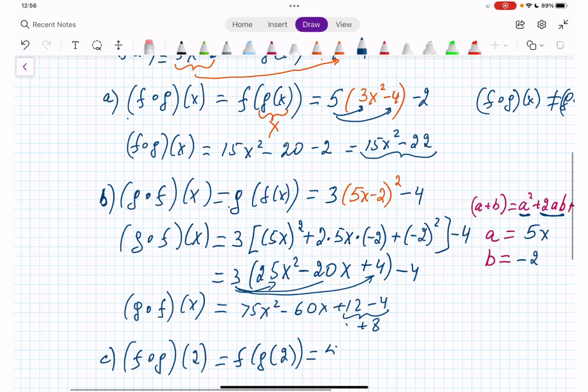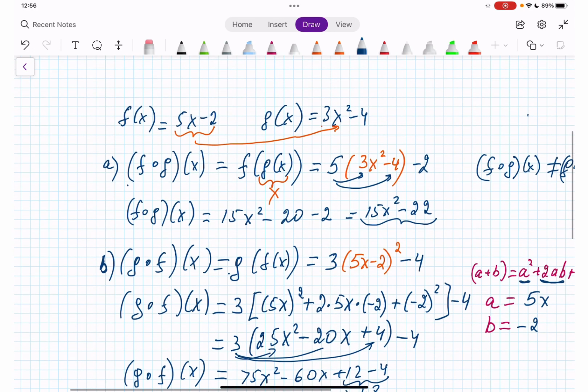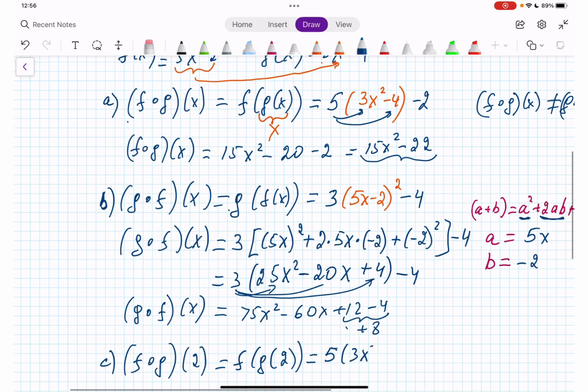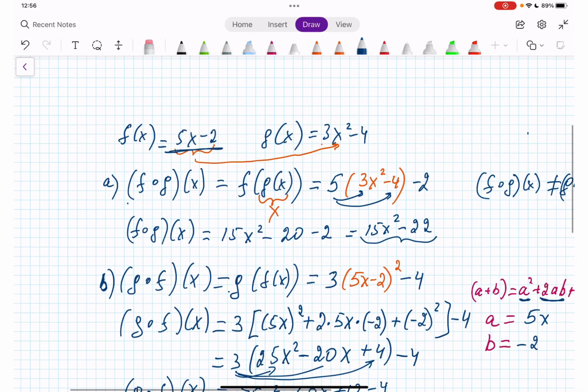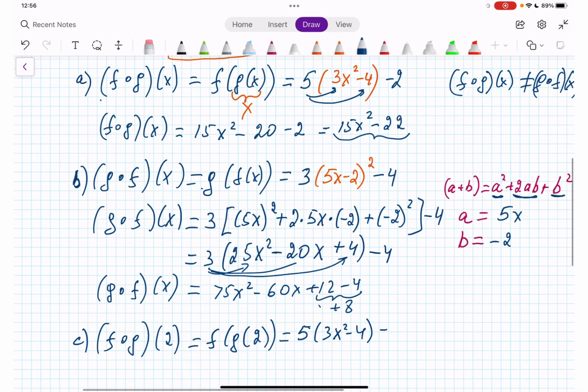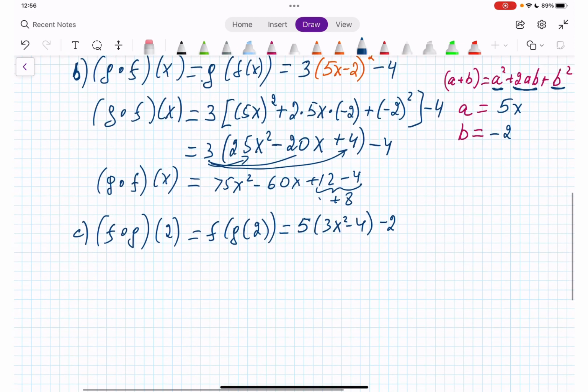So 5 times (3x squared minus 4) is 5x, and here minus 2. So if I open up again, I get 15x squared, and then 5 times negative 4 is negative 20, minus 2. That's 20 minus 2. We get 15x squared minus 22. That's the question, that instead of 22, I put 2 there.